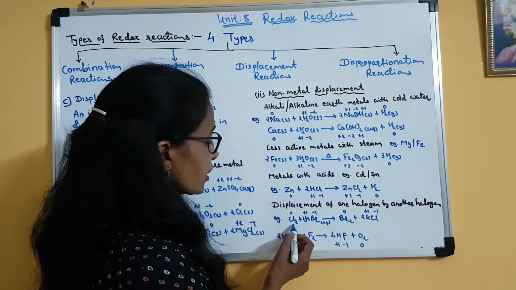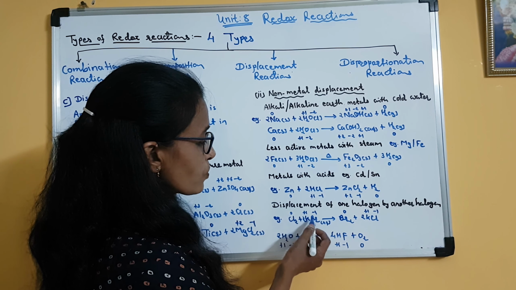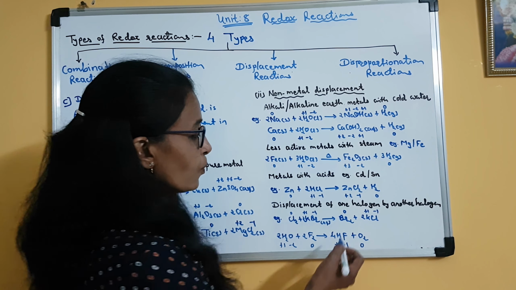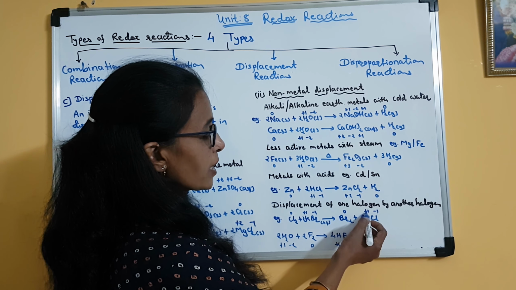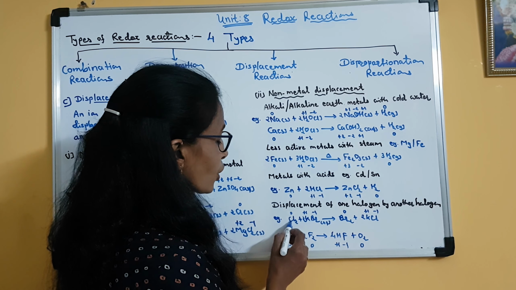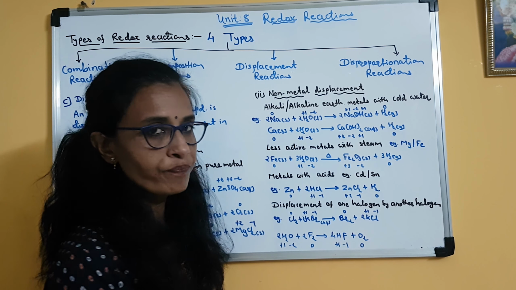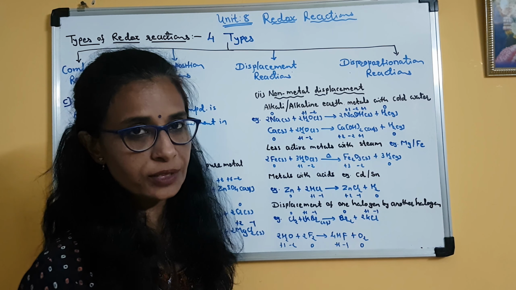Clear? So in chlorine, zero oxidation state. In KBr, K is +1, Br is -1. When Br2 is formed, Br2 is 0, and in KCl, one is +1 and the other is -1. So here you can see chlorine goes from 0 to -1. So chlorine has undergone reduction.